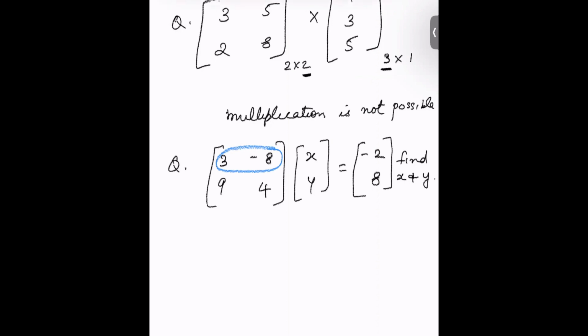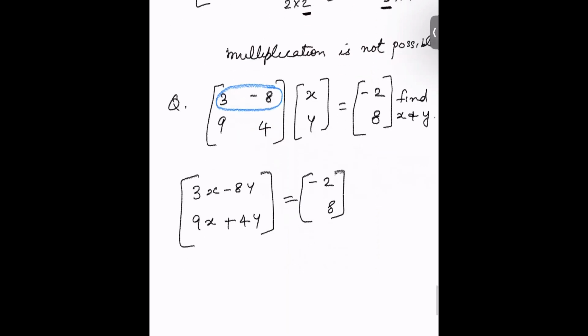So multiply that. So 3x minus 8y, right? 3x minus 8y. For the second row, I am getting 9x plus 4y. This is what I am getting as the product of 3, negative 8, 9, 4 and xy. This is equal to negative 2, 8.